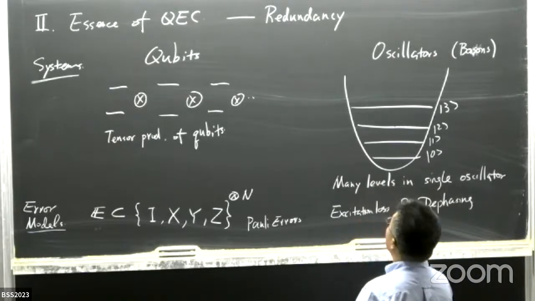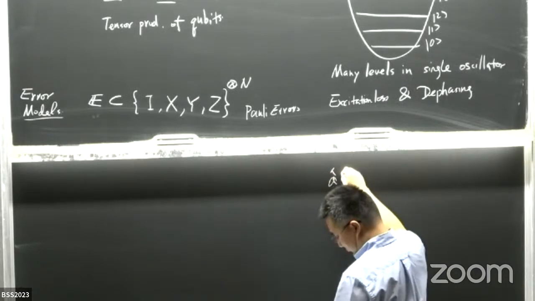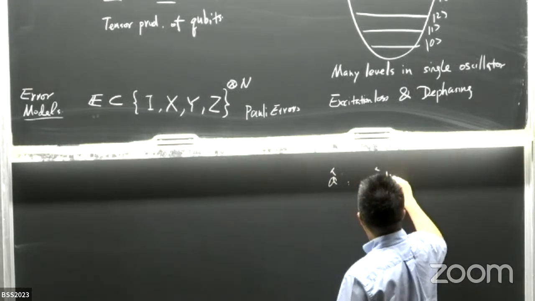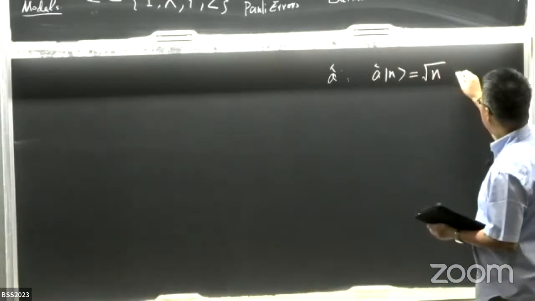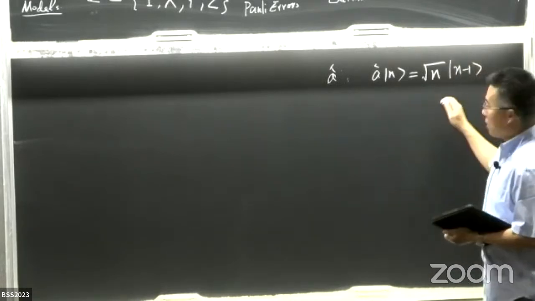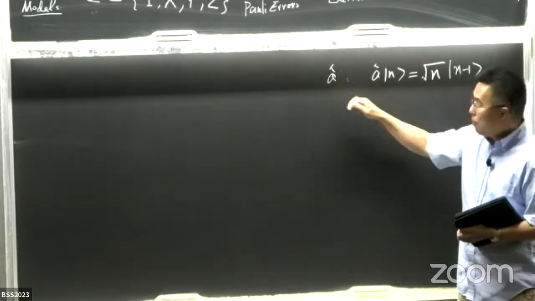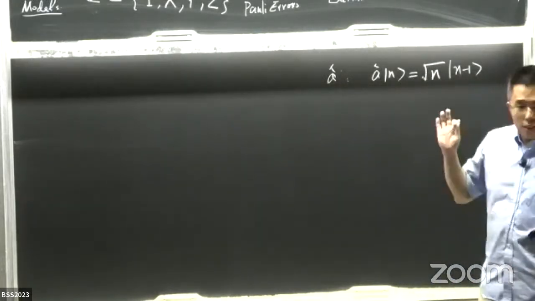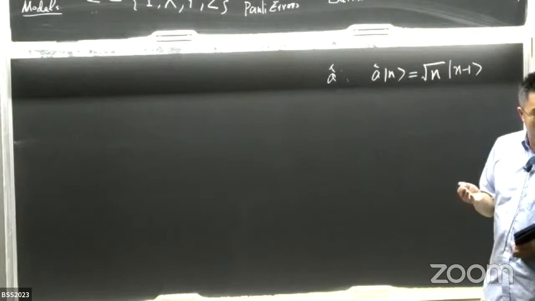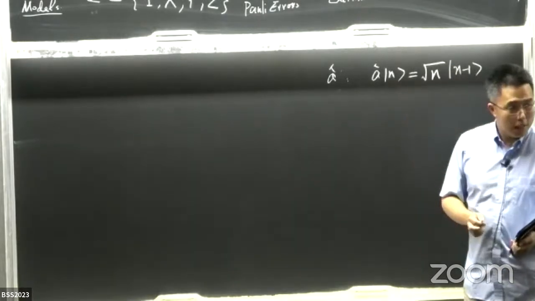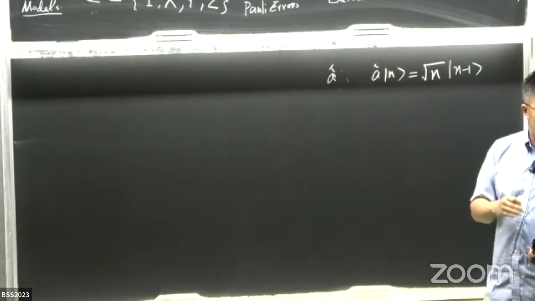So for example, if you have a photon loss annihilation operator acting on an n-level system, you will get a bosonic enhancement of square root of n, and it reduces the excitation number by 1. And this error has a feature because you're not going to eliminate all the excitations all at once. You reduce the excitation one by one. If your initial excitation is even, then you reduce the excitation by 1. It can change the parity from even to odd or from odd to even.